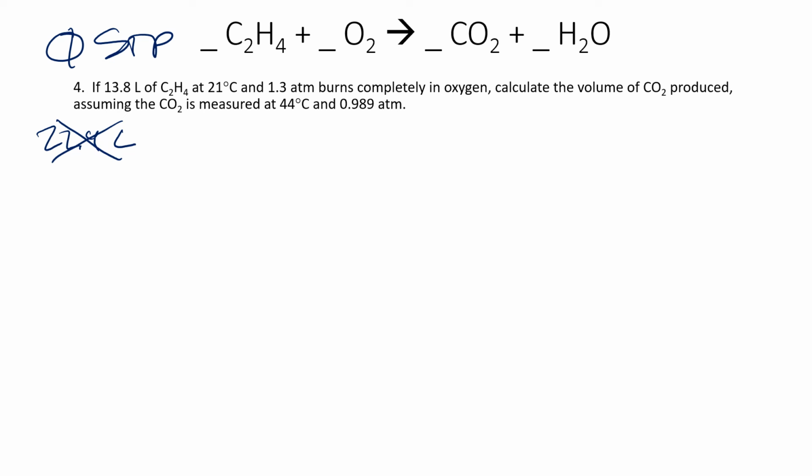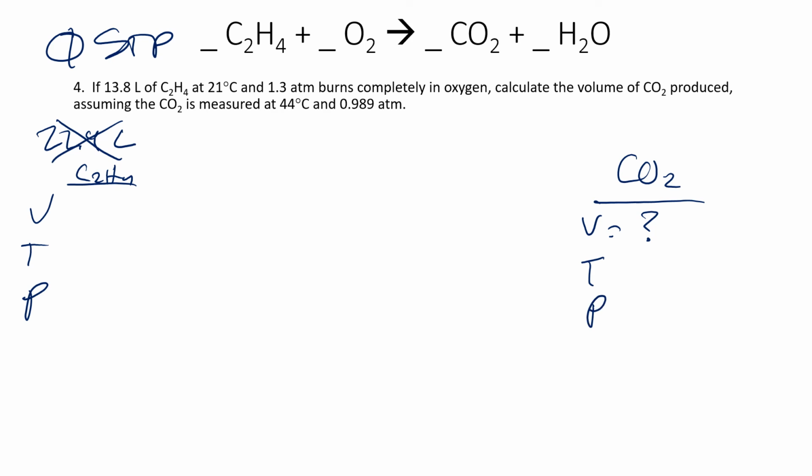So what you need to do is recognize that you have a volume of C2H4, a temperature, and a pressure. And these are all for C2H4. Over here, on the other side, we can put that we're trying to find the volume of CO2, and we have a temperature and a pressure that are different from those.